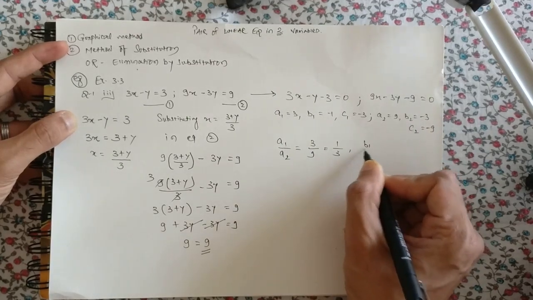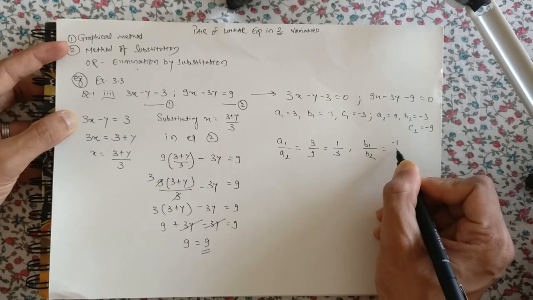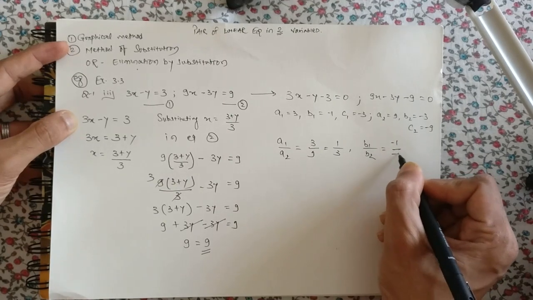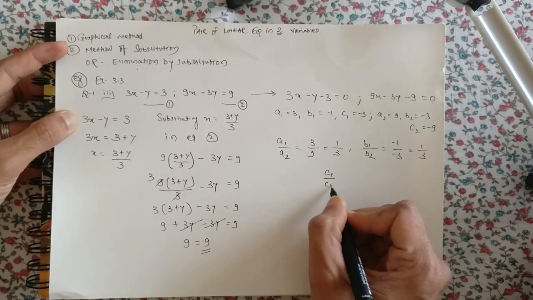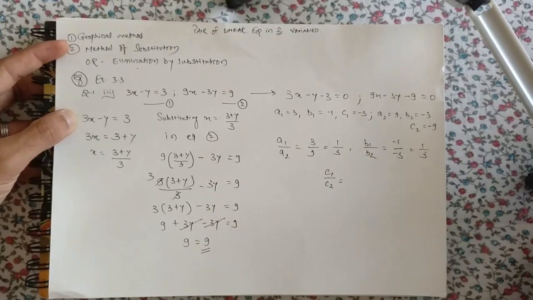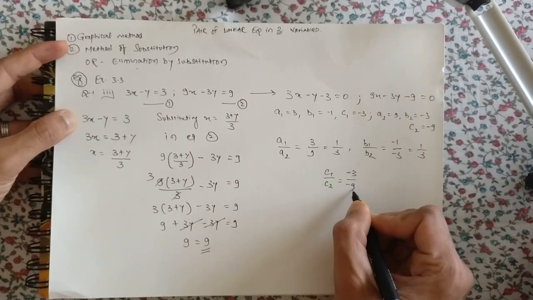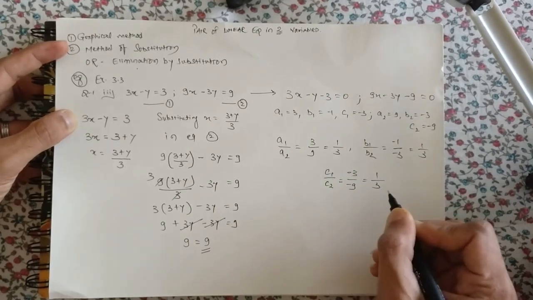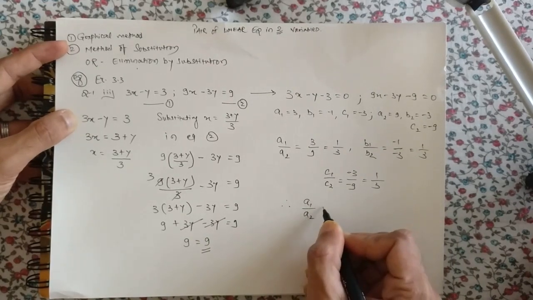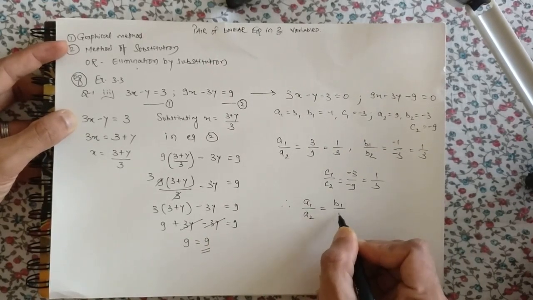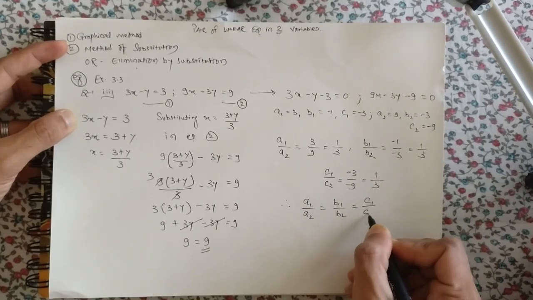We will find b1 by b2. b1 by b2 is minus 1 by minus 3, which is 1 by 3. And c1 by c2, what is c1 by c2? c1 by c2 is minus 3 by minus 9, which is nothing but 1 by 3. So what we are getting is a1 by a2 is equal to b1 by b2 is equal to c1 by c2.